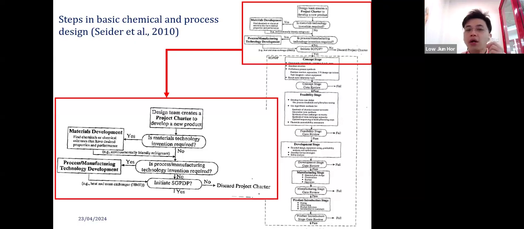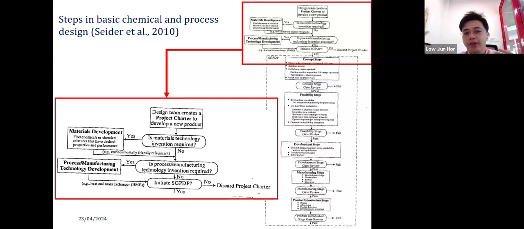Okay, so in other words, as I told just now, there are a lot of framework or guideline have been recommended, suggested, or shared by the scientist or the engineer.